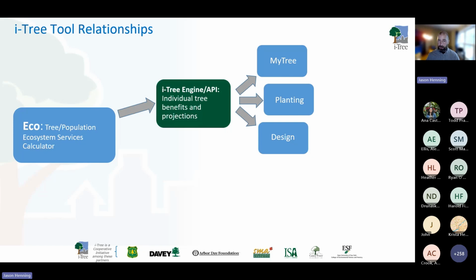If we had 100 people using each one of those tools, that would be 300 people hitting the engine, and that sometimes can bog down the service. But under normal circumstances, if you're using this in a classroom or something like that, all the tools should work okay. So again, this is the relationship between that flagship iTree Eco tool and our online individual tree tools that are a little simpler to use.